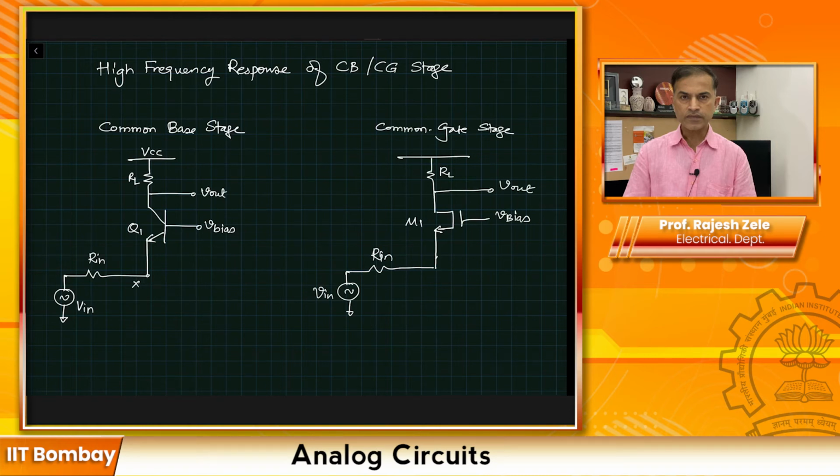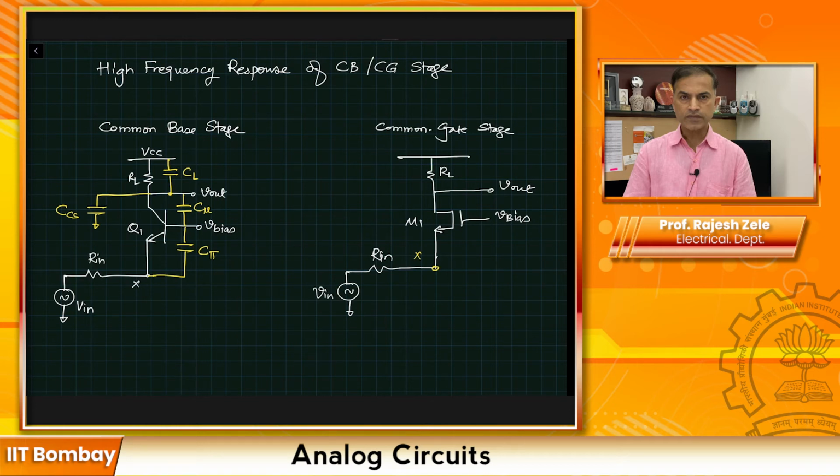Now we will add the transistor model capacitances for both sides. C pi, then we have C mu, then we have CCS, and we have CL, which is across the RL. So there is a slight difference in case of a MOSFET stage.